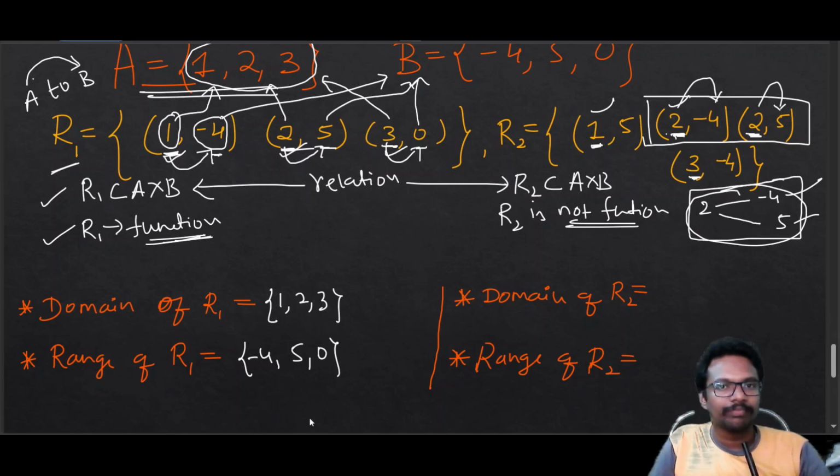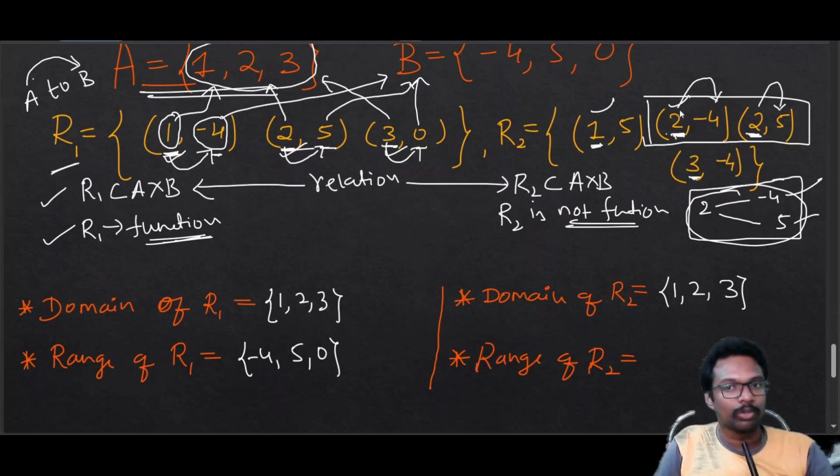So this is range. So domain of R2 means the starting points, here starting points are 1, 2, 3. In a set we do not write repetition, repetitions are not allowed. So in the set we have to write 1, 2, 3 only once. We have used 2 two times here, but we have to mention it only one time.